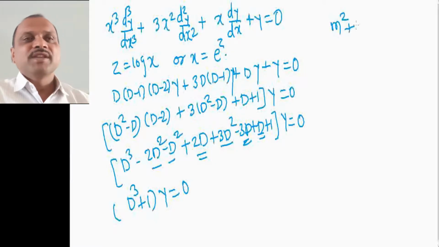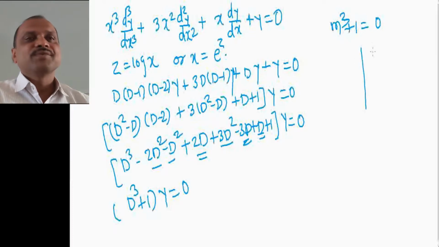Then the auxiliary equation of this is m cube plus 1 equal to 0. So let us find the roots of this equation. We apply the synthetic division method. For m square we have 0 coefficient, for m 0 coefficient, and we have 1. So let us check for root minus 1.